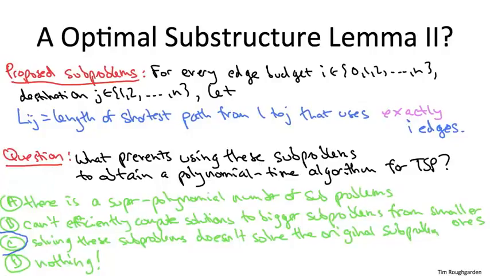What were we hoping would be true? We were hoping that when we look at the biggest subproblem, so this is when i is equal to n, and we're looking at paths that have exactly n edges, and when we take j, the destination, to be 1, the same as the origin, we were hoping that that shortest path with n edges from 1 back to itself would be a tour, and therefore the minimum cost traveling salesman tour. But that need not be the case.